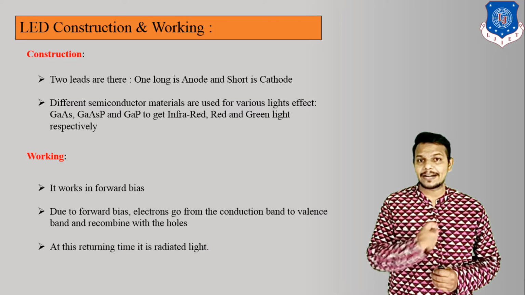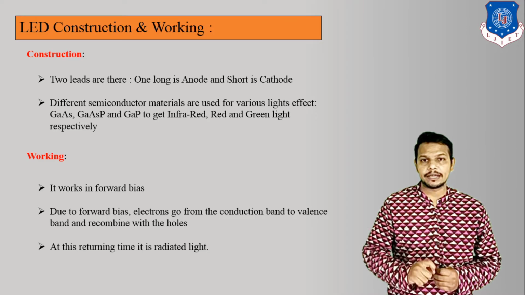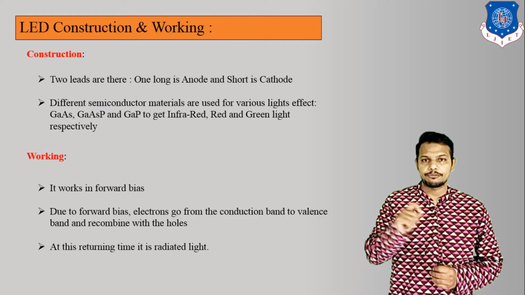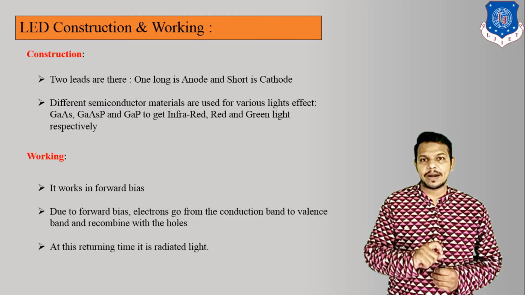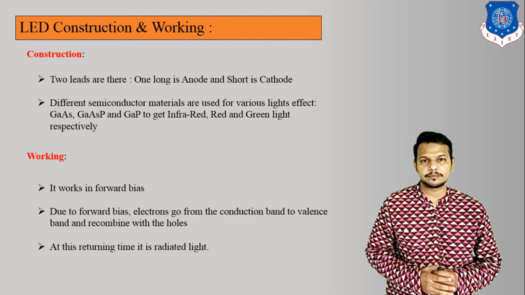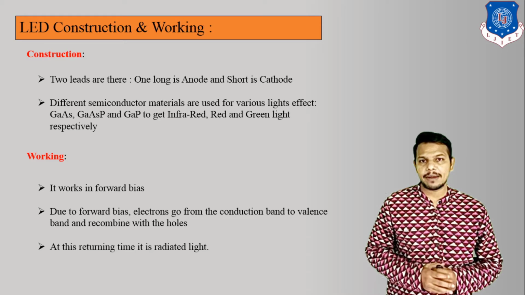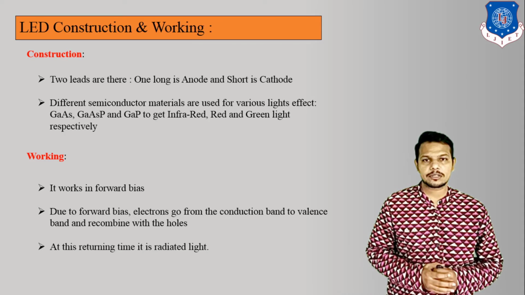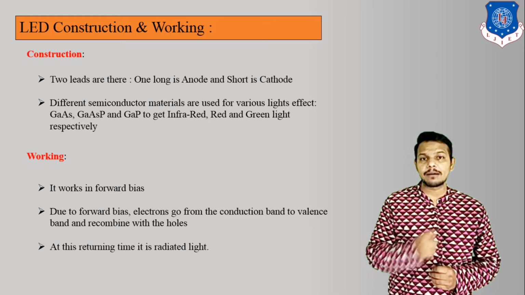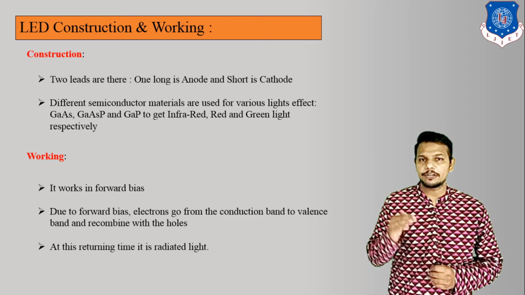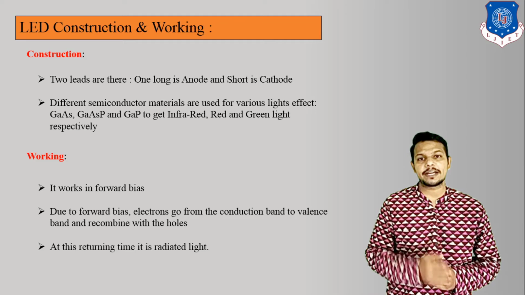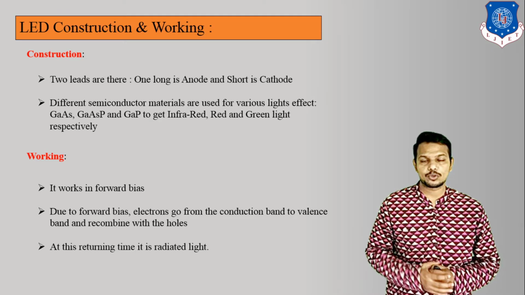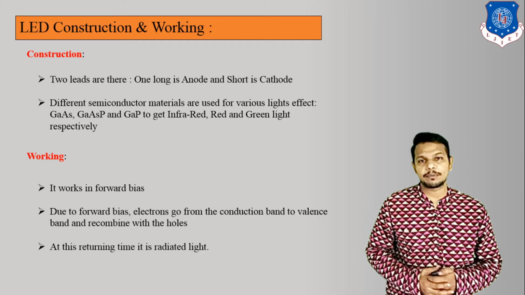If it gets energy, it becomes free from the valence band and goes to the conduction band. In the conduction band, it moves and collides with other electrons. After that it recombines with the hole. When it recombines with the hole, light is emitted through the LED. So this is the main working principle.